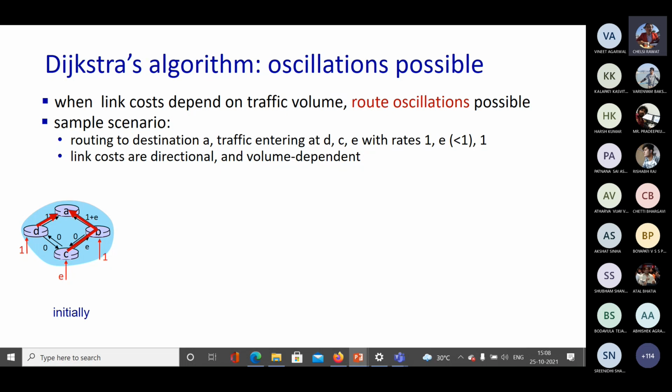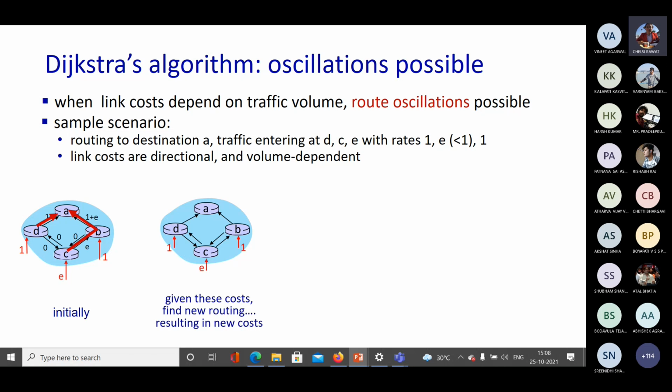Basically, the cost on the edges between two nodes is directional, that is, it depends on from where to where the traffic is going, and it is volume dependent. Now, initially, as you can see in the diagram here, there is traffic entering from D, C, and B, at rates 1, E, and 1, where E is less than 1, as has been given here.